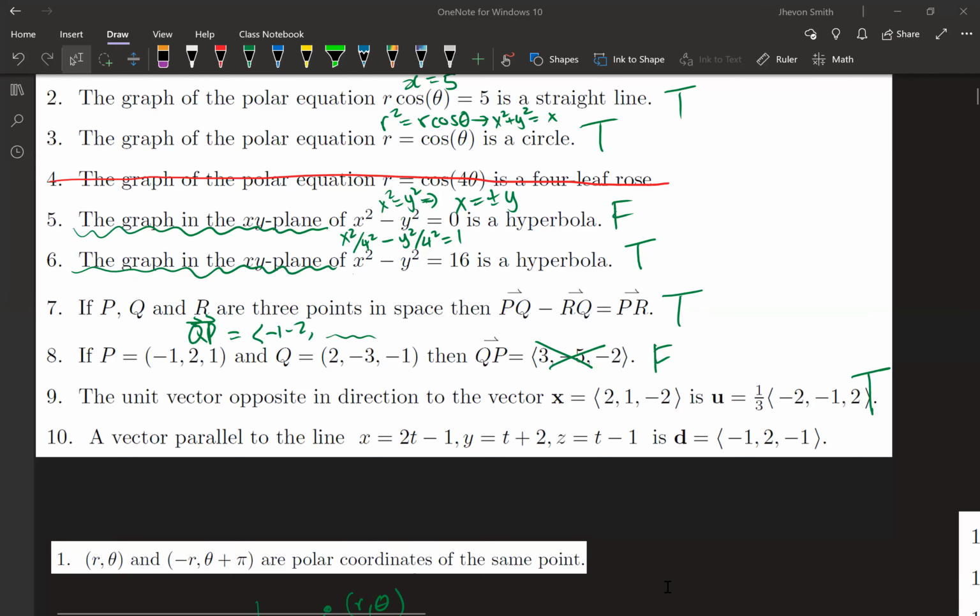Okay, problem 10. Go, polls are going. A lot of people believe this is false. 85% believe it's false, 14% believe it's true.